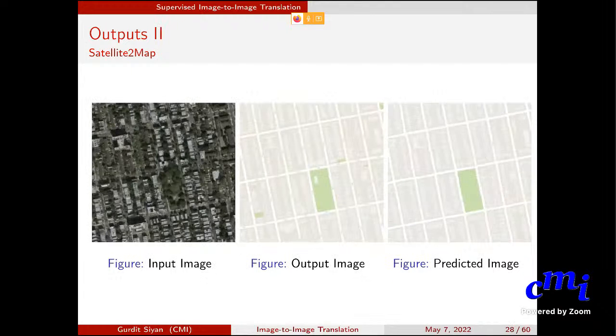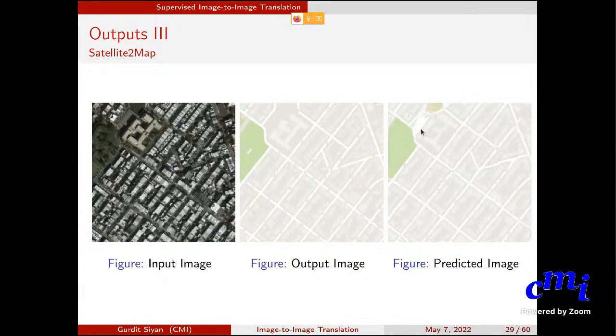So some other examples. Even though we can see there is green here and it tries to get it green, there is no green in the actual Google Maps. This dataset was scraped from Google Maps, aerial and normal images.